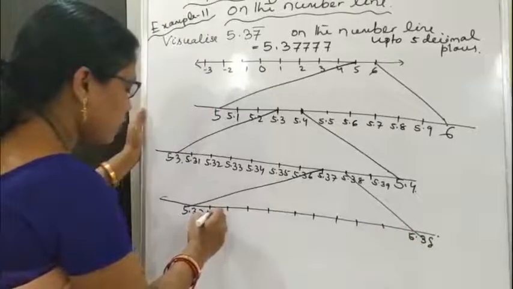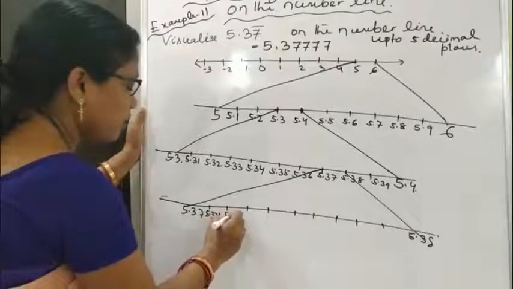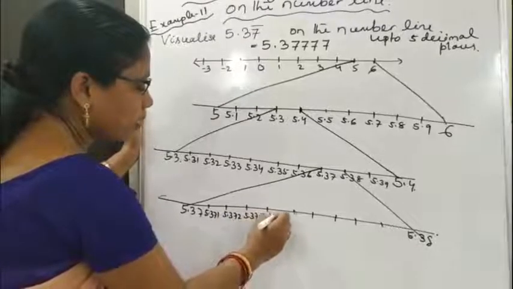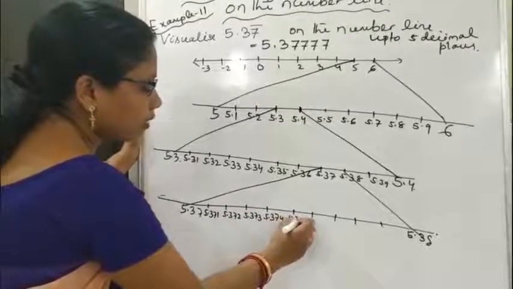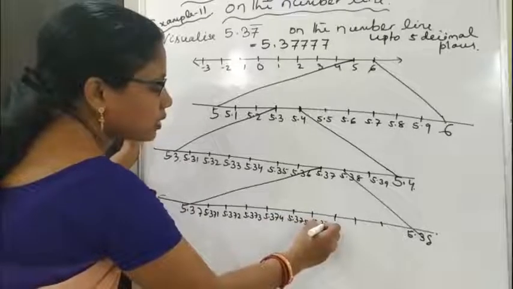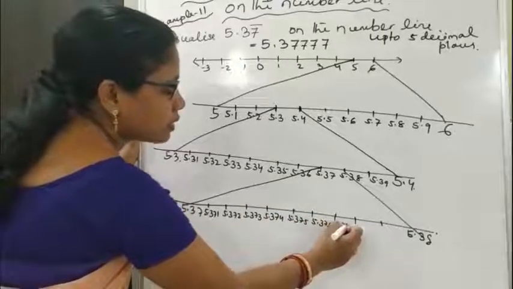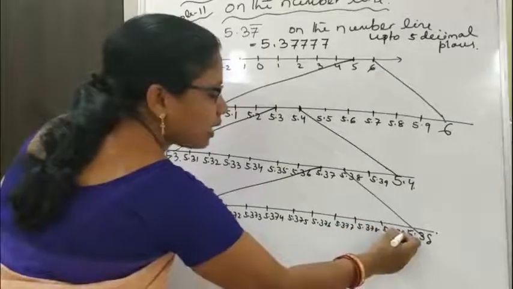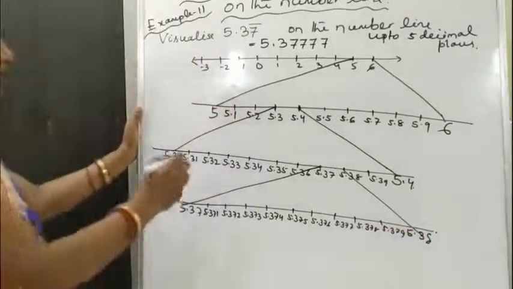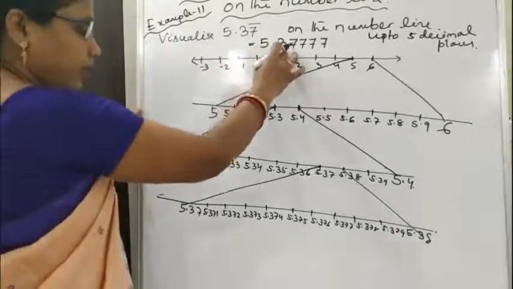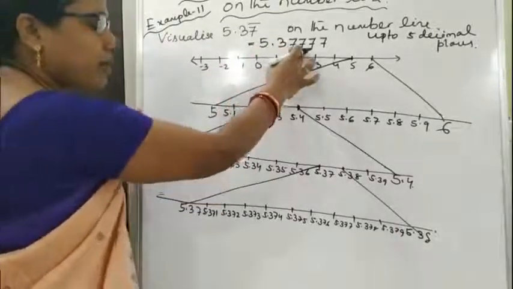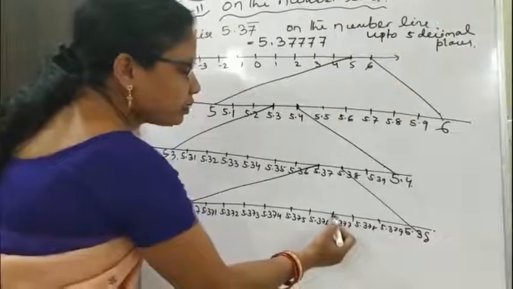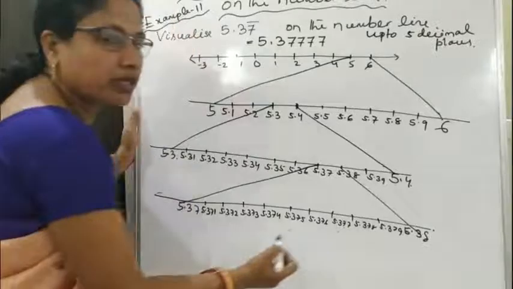So this is 5.371, 5.372, 5.373, 5.374, 5.375, 5.376, 5.377, 5.378, 5.379, then 5.38. Again it will lie between 5.377 and 5.378.